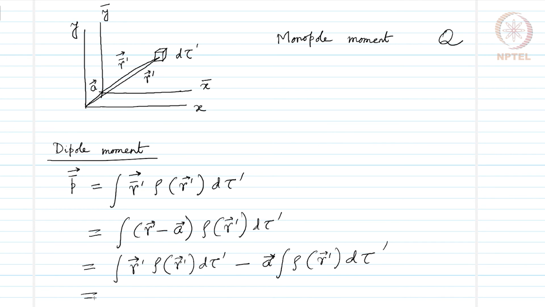The left integral is nothing but the dipole moment in the old coordinate system without a bar, and the right quantity is the total charge that comes from the integral times this a vector. This is the new dipole moment.